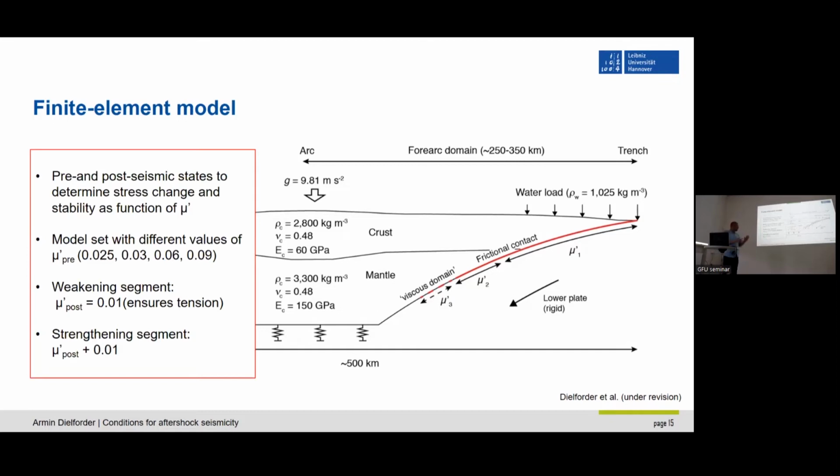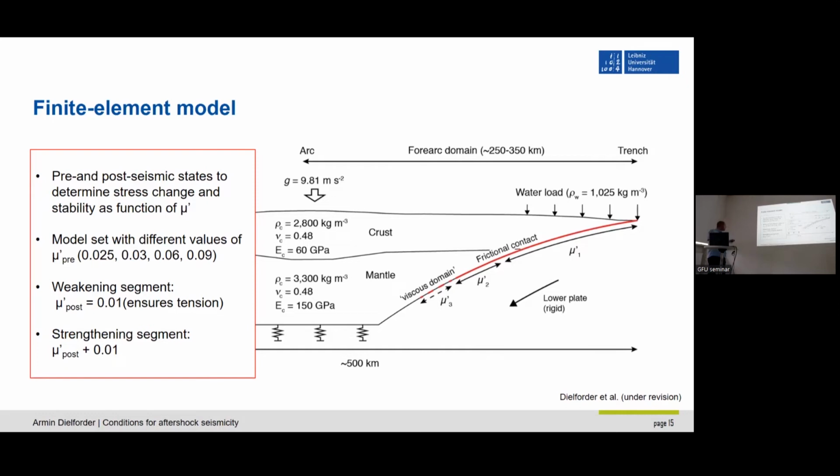Before we apply this approach to Japan, I would like to show you some generic model results in which we took a setup for an arbitrary forearc. Each model run includes a pre-seismic step and a post-seismic step. The difference between the model runs is the effective friction coefficient applied to the megathrust. This mimics the effects of velocity strengthening and velocity weakening in the earthquake.